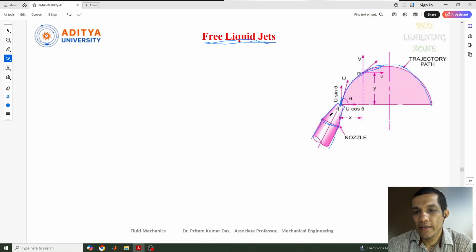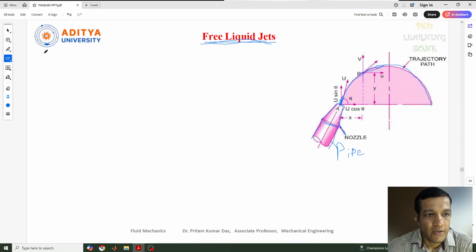Okay, so here I have taken a pipe, and let's consider the jet which is coming out from the nozzle. So this is the pipe and this is the nozzle part. Now let's consider the velocity of the jet is u.